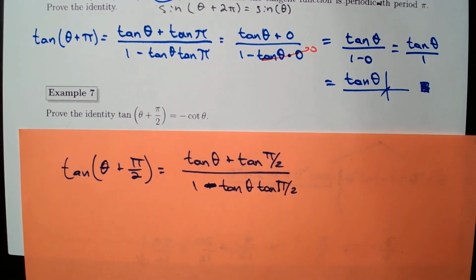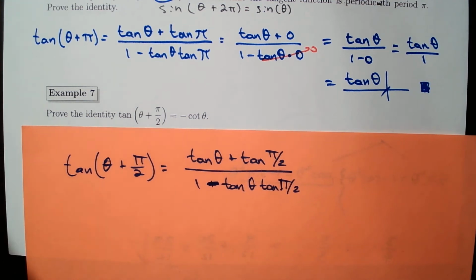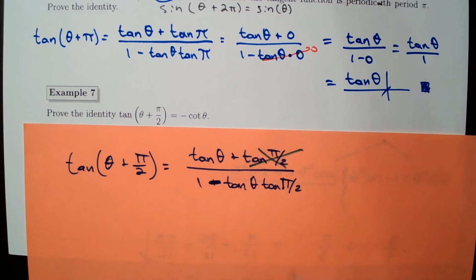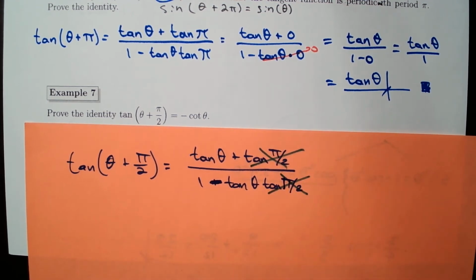There is a problem here if we use this formula, and the problem is that the tangent function is not defined for pi over 2, if you recall from a couple sections ago.